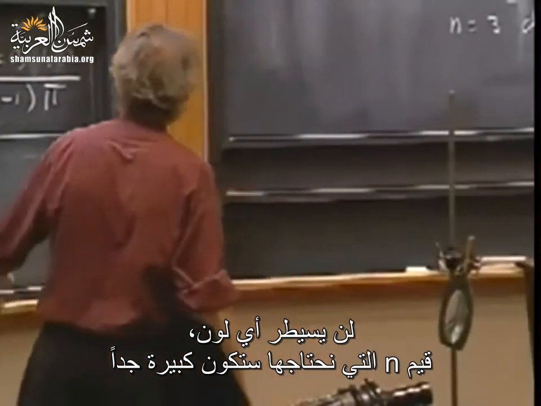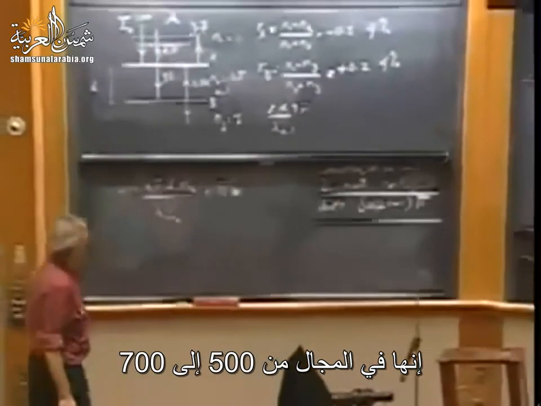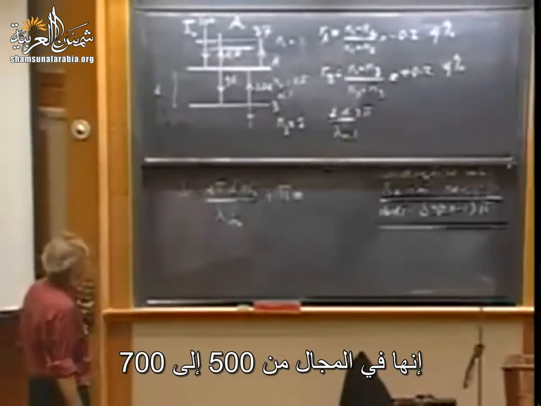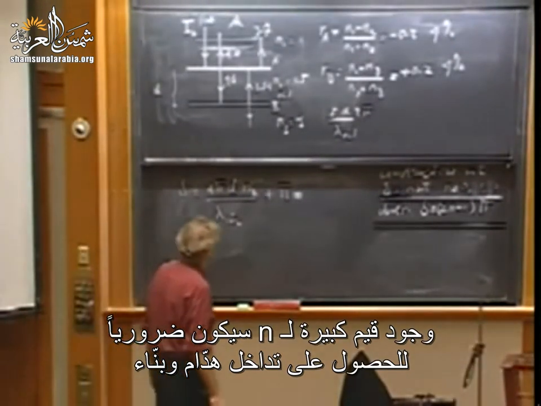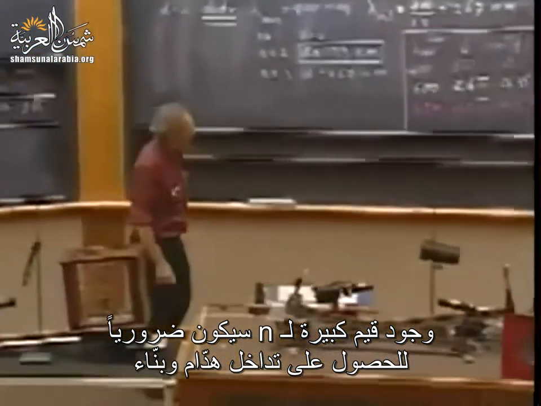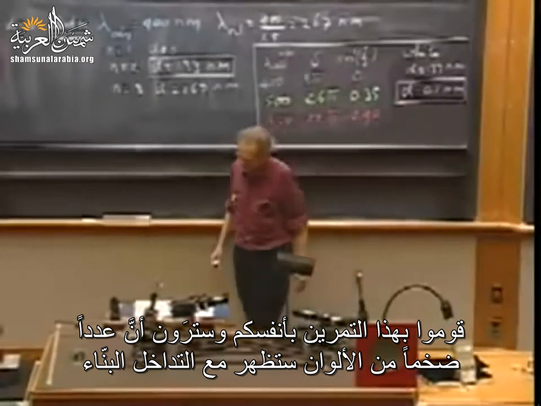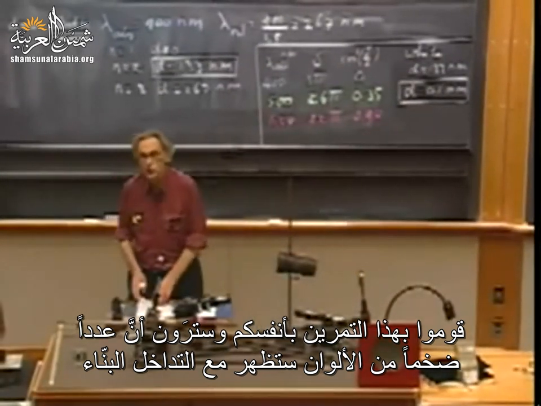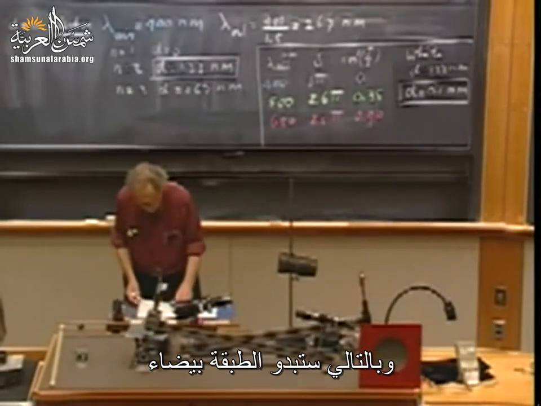The n values that you will need, by the way, are going to be very high. They're in the range 500 to 700. Huge values of n are necessary in order to get the destructive and the constructive interference. Go through this exercise on your own, and you will see very quickly that so many colors constructively interfere that the film will look white.